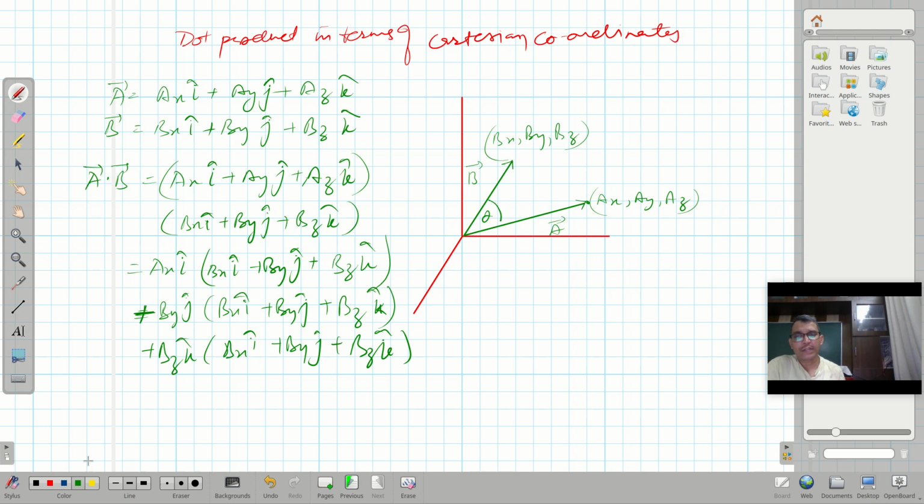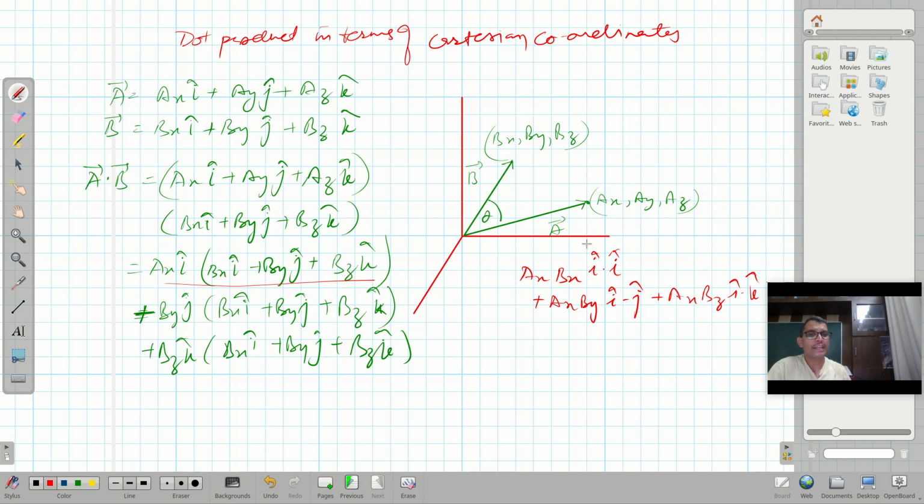Let me try to look at this part first of all. How to operate this? So it is basically AX BX i cap dot i cap. This part can be represented like this. Similarly, I can write this AX BY i cap and j cap plus AX BZ i cap and k cap.